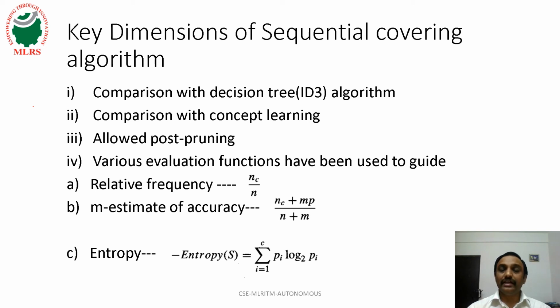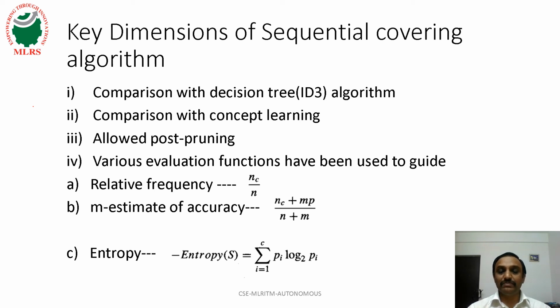Relative frequency is given by NC divided by N. What is this N? N denotes the number of examples that the rule matches. NC denotes the number of these that it classifies correctly. So that gives the relative frequency.